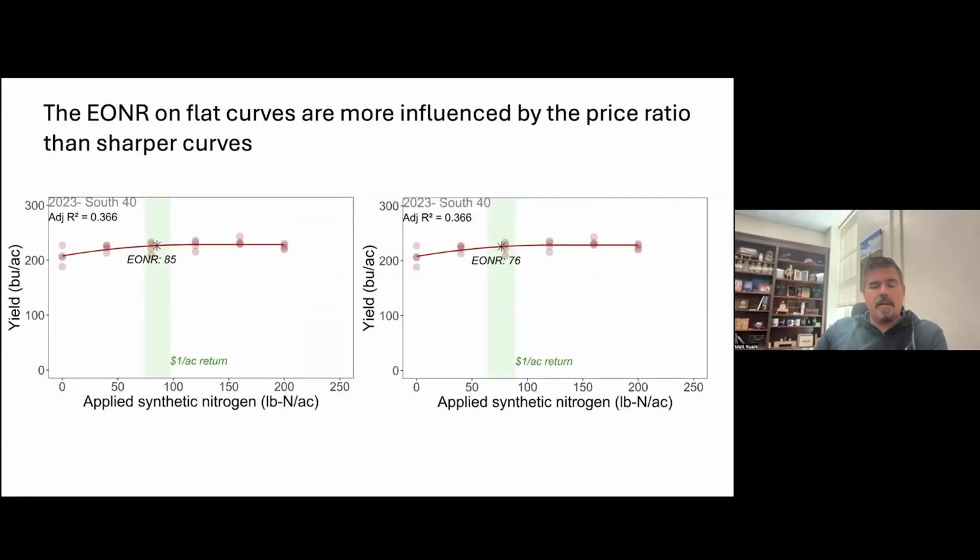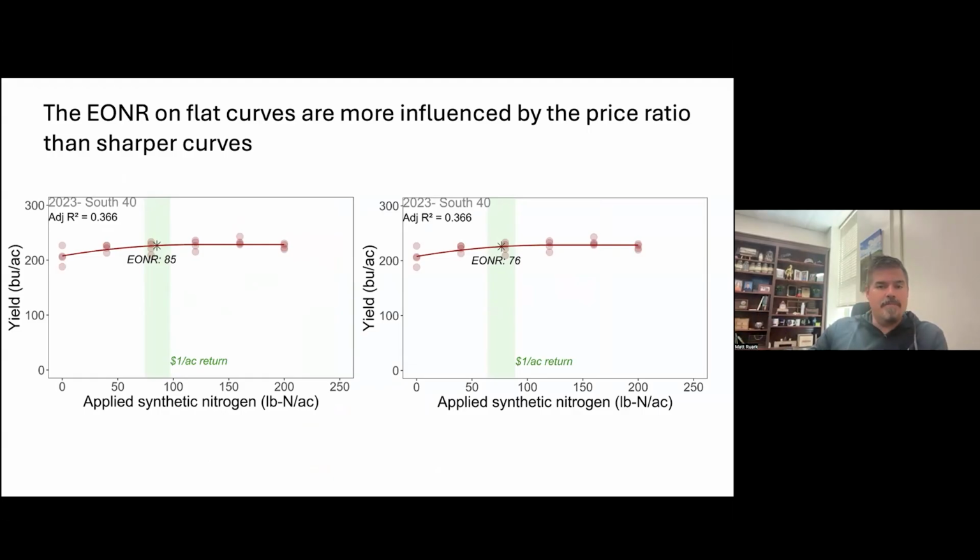Well, a couple of things. Before we go into what's going on here, let's take a look at when we were playing around with the economic return. The one on the left is that classic 0.1 ratio, where it'd be 85. And on the right, we see an economic optimum nitrogen rate of 76 when the price of nitrogen goes up a little bit, to 0.125.